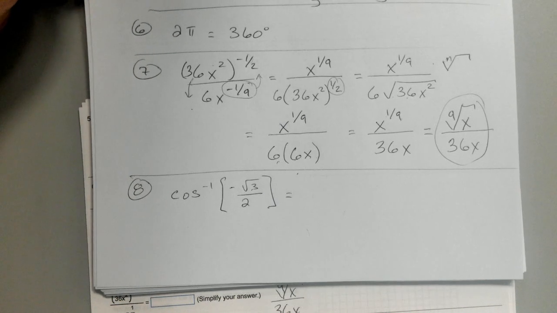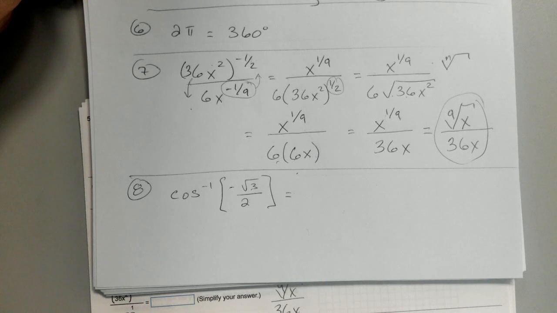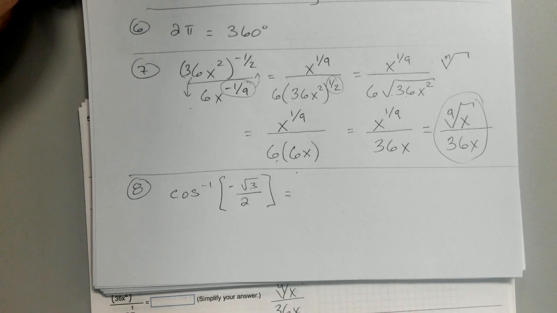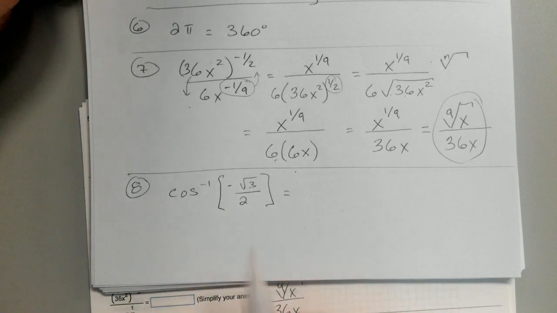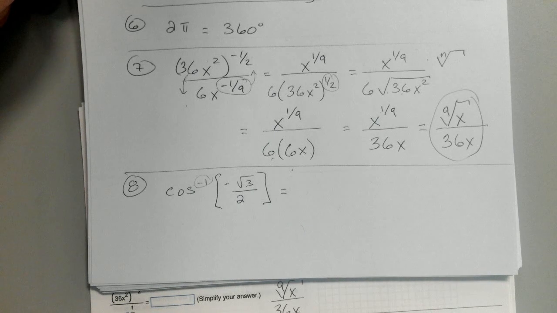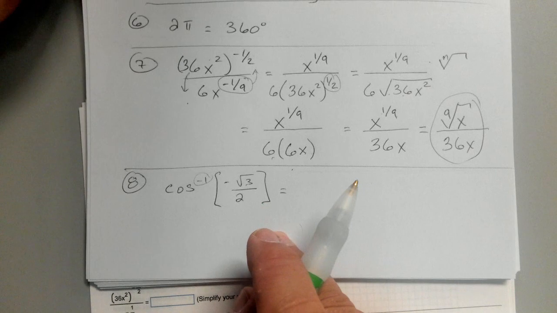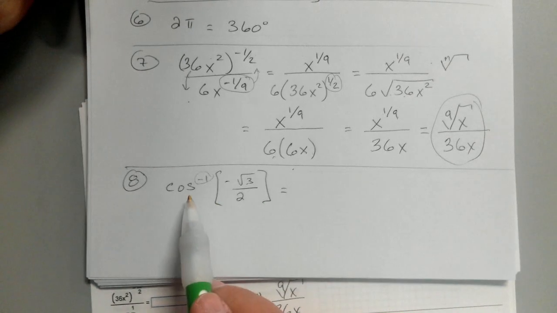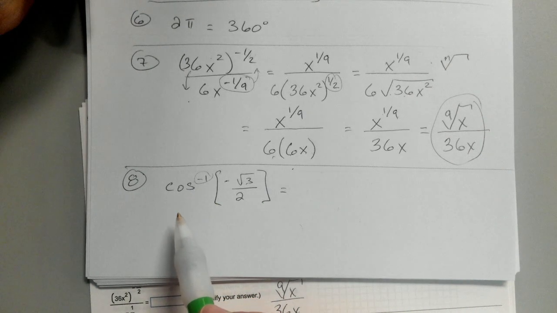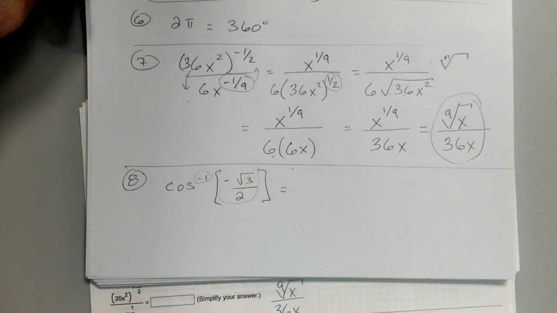And it says find the exact value for that. Oh, does it require a calculator? What does this mean here? How would you read that? Cosine. So basically what you're looking for here is this: what theta, or what angle of cosine would give you that value?